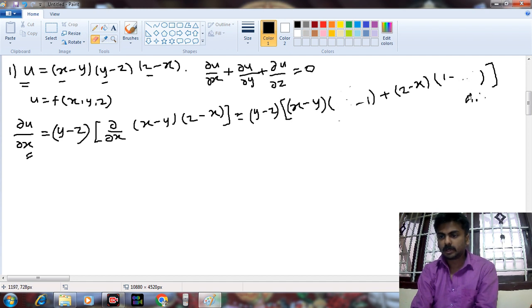That is the difference between ordinary differentiation and partial differentiation. So here it is 0 minus 1, and here it is 1 minus 0.